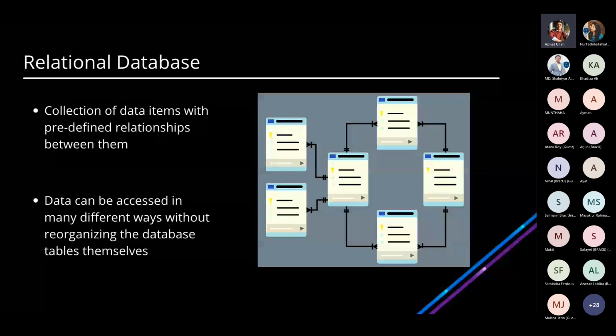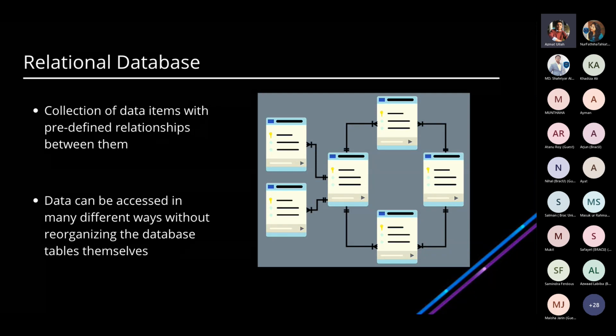So a relational database is actually a collection of data items with predefined relationships between them. These items are organized as a set of tables with columns and rows. Tables are used to hold information about the objects to be represented in the database. Each column in a table holds a certain kind of data, and a field stores the actual value of an attribute.